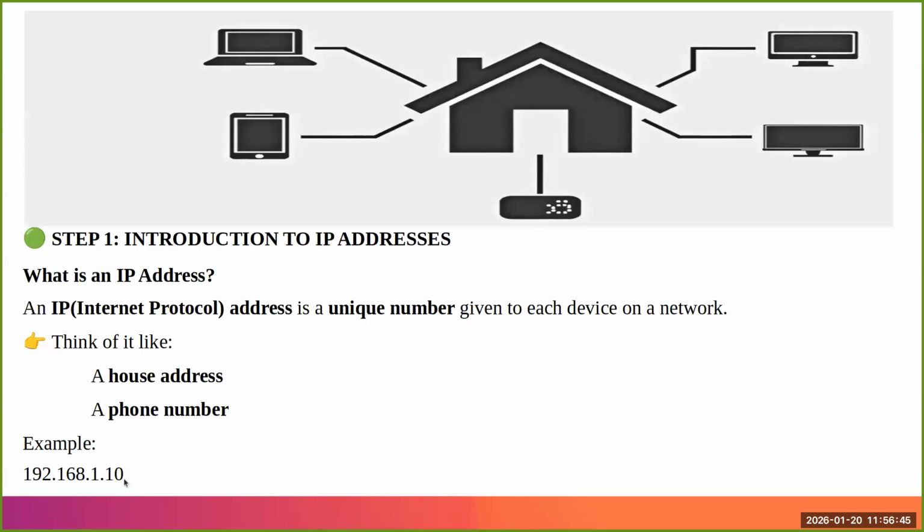It is divided into 4 octets with numbers with dots in between each number. Yes, there are certain technicalities I may still mention later, but let's use this as a unique example. 192.168.1.10 is an example of an IP address.